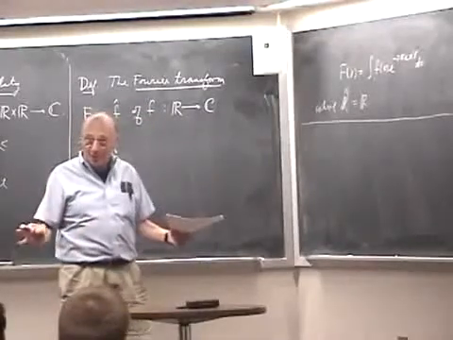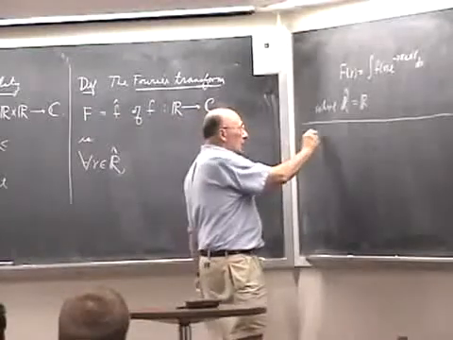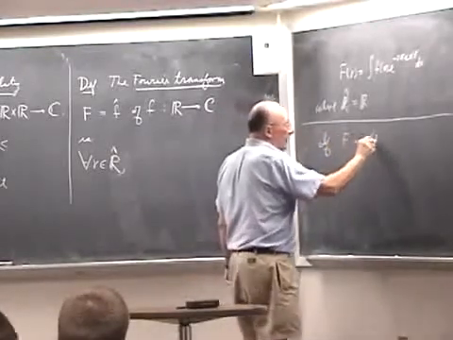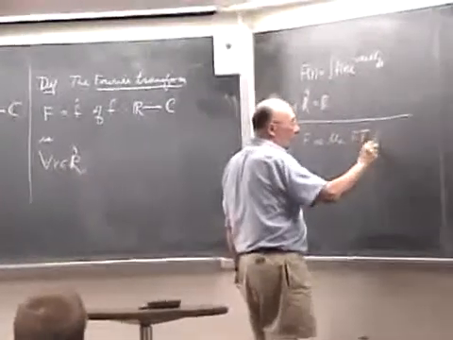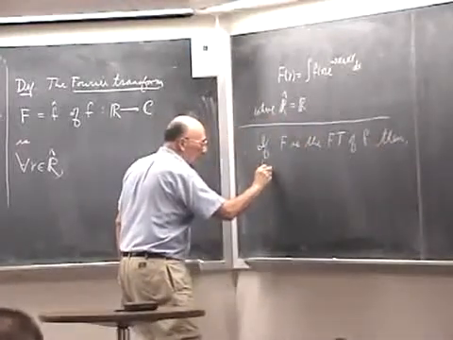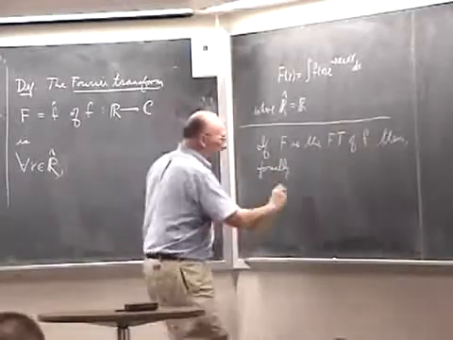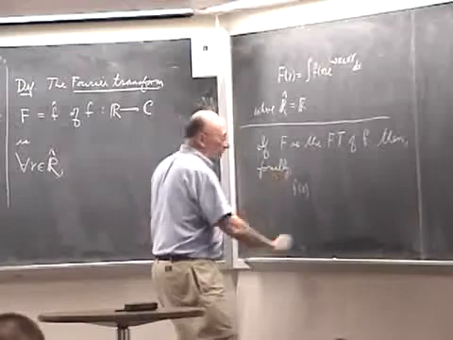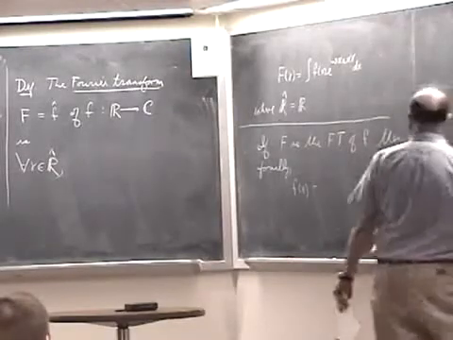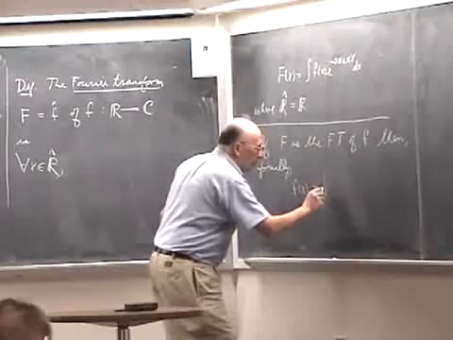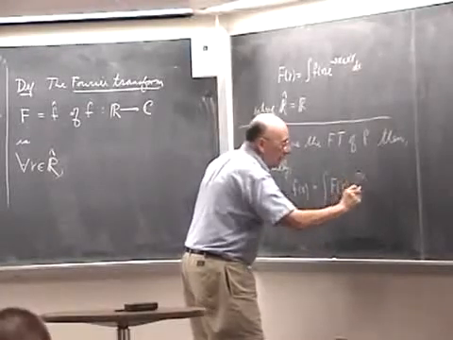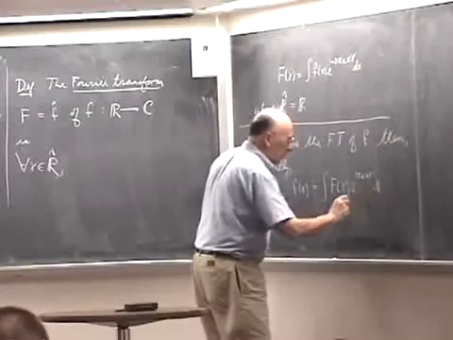Well, there's a remarkable fact that goes on here. And this is just a formal fact for now, but it says the following, that if F is the Fourier transform of little f, then, at least formally, f of x is equal to the integral of F of gamma over R hat e to the 2 pi i x gamma d gamma.